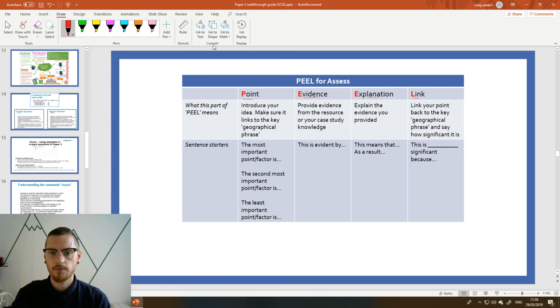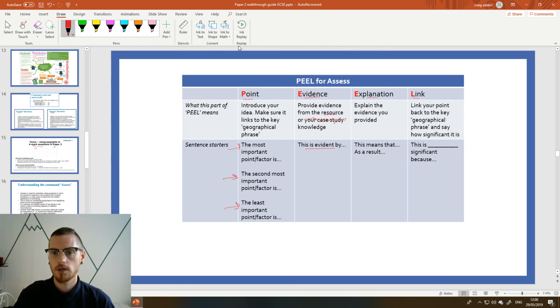So make a point, and you might want to start that first point with the most important point is, second most important, least. Evidence here is not going to be case study knowledge on paper 2, but it's going to be from the resource. And I like the phrase, this is evident by. So use that phrase. So you're kind of signposting to the examiner, you're using evidence from the resource. So point, this is evident by.